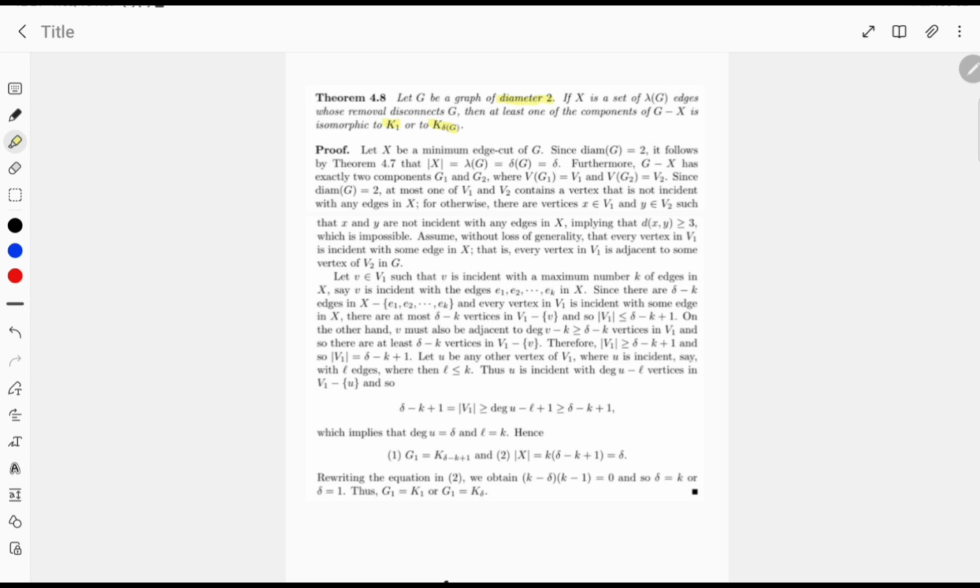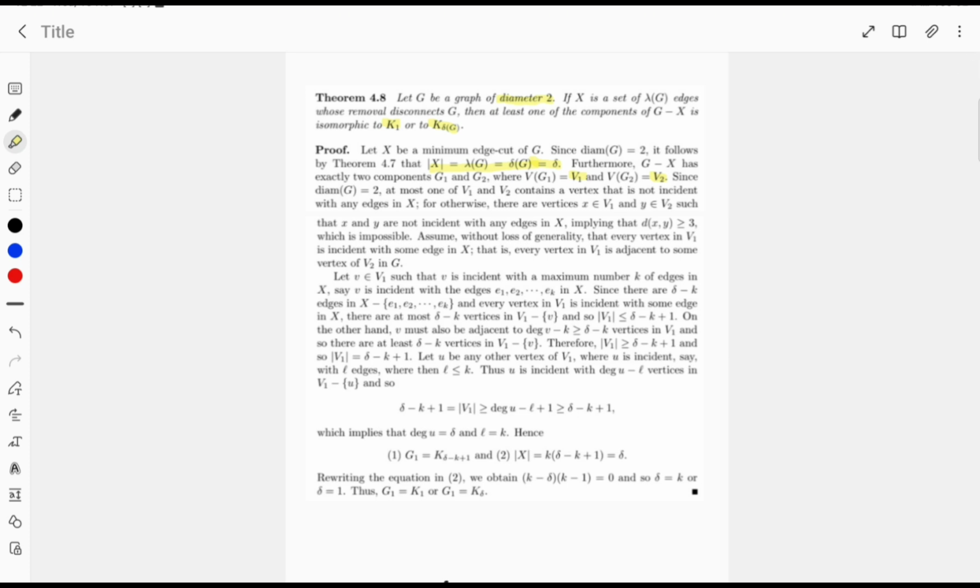Since the diameter of G is equal to 2, it follows by the previous theorem 4.7 that this one here. Furthermore, G minus X has only two components, G1 and G2, because the graph is disconnected. Thus, we have two components.